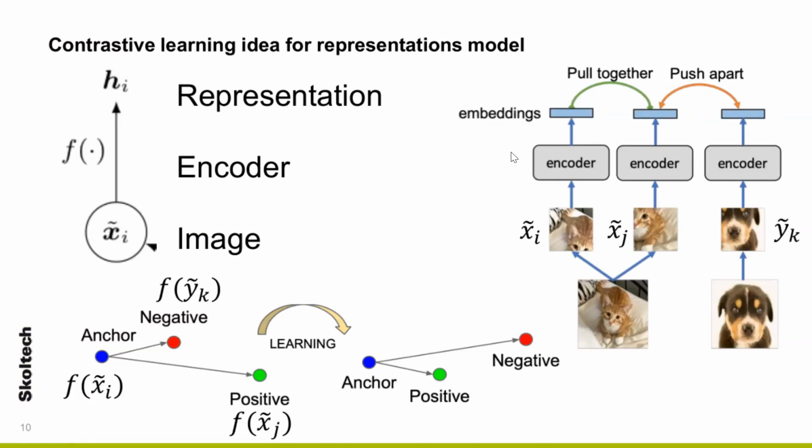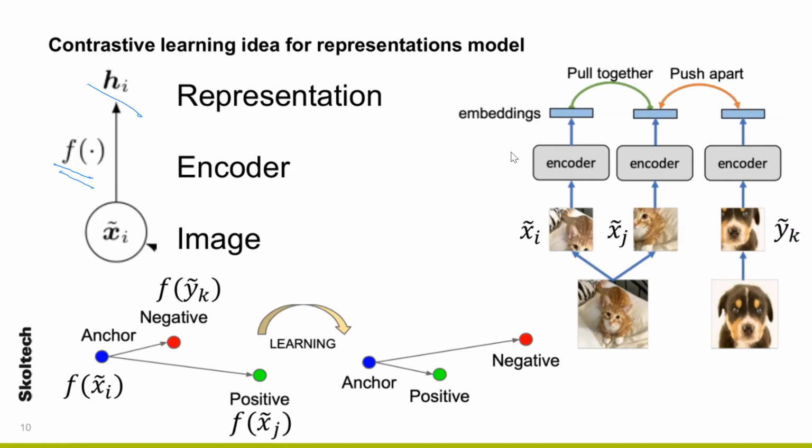Again, we have some image and we have some encoder. And we hope that the encoder will produce a representation H from our image X. So we want to train this encoder to be good. What is good? Good if the representations are consistent when we look at different images. As we don't have supervised data in this case, we are working with self-supervised data.